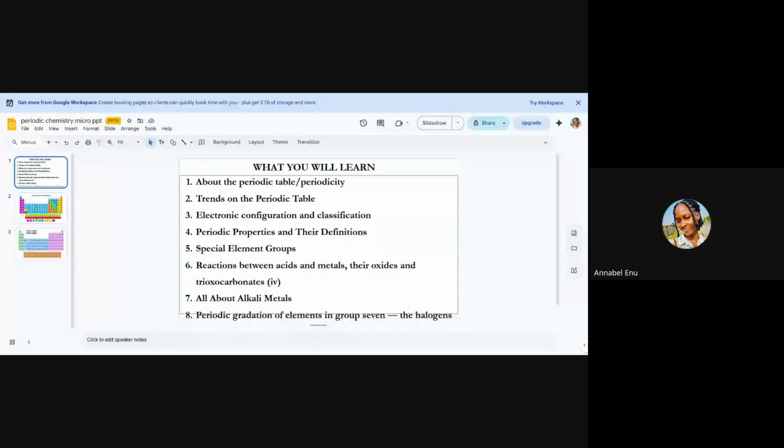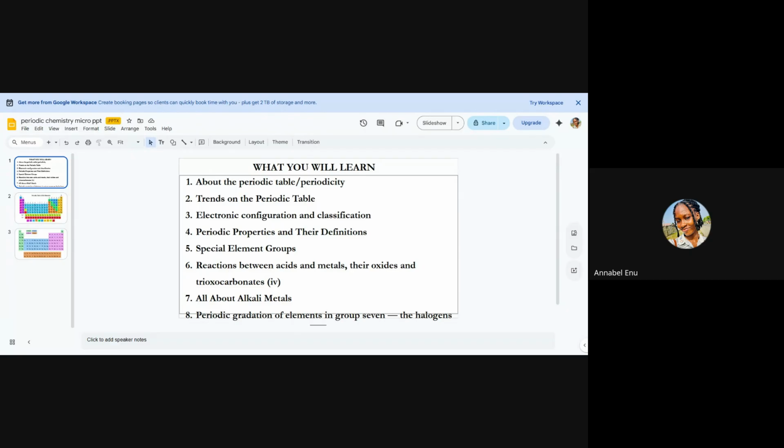We'll be learning about the periodic table, trends in the periodic table, electronic configuration, periodic properties and their definition. We would also be learning about some special elements.